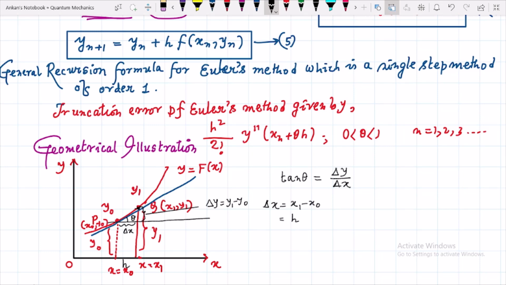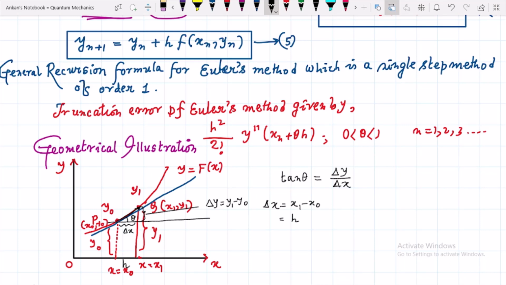The reason I will explain after a few moments. So x0 and x1 must be close enough that the value of h is very small, and y0 and y1 are also close together, so you can imagine this portion of the curve to be a straight line.